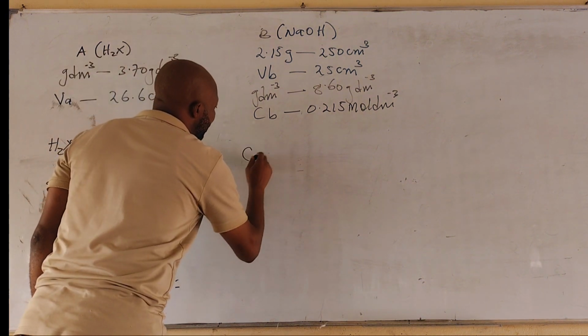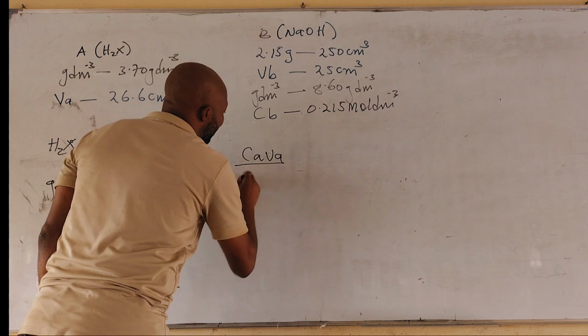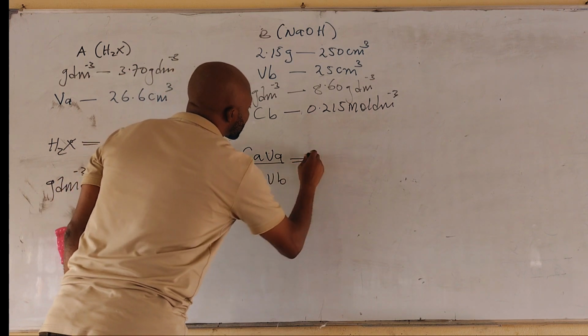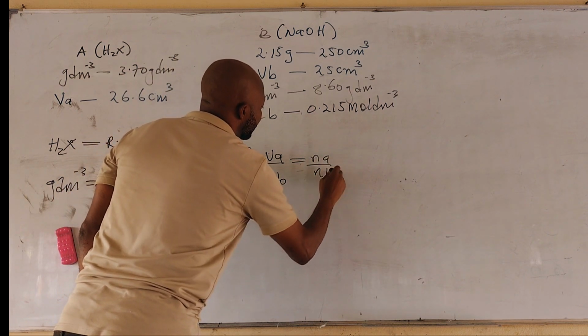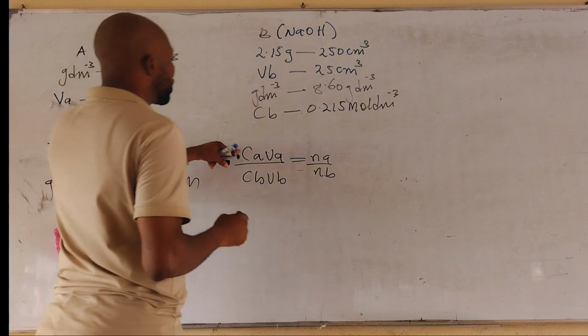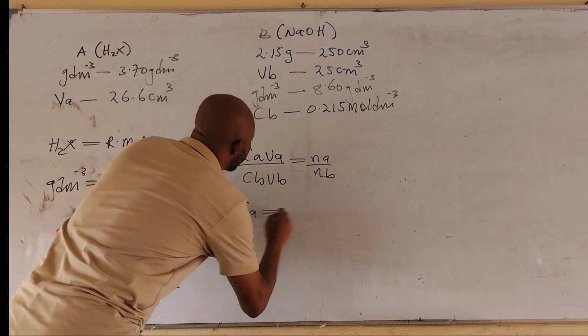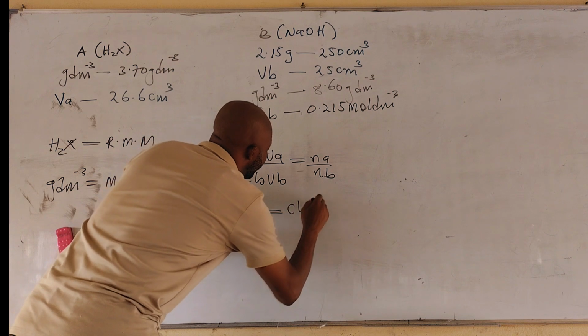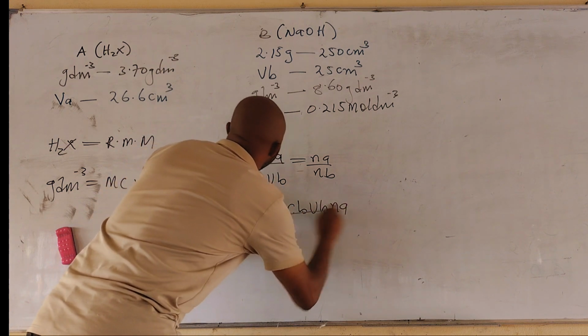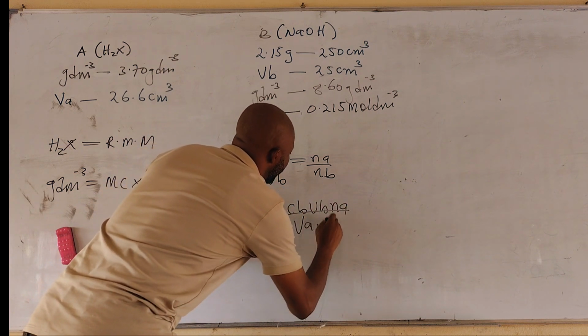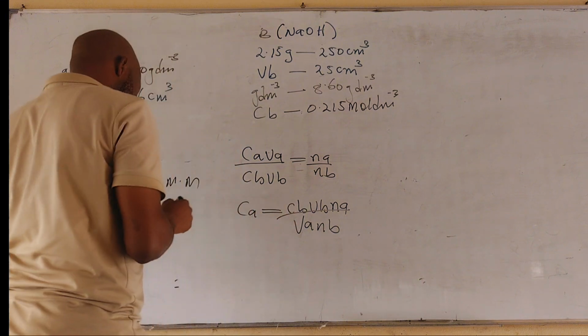We have CAVA over CBVB equals NA over NB. I'm looking for the concentration of the acid right now. So I have my CA would be CBVBNA over VANB. So this is what I have.